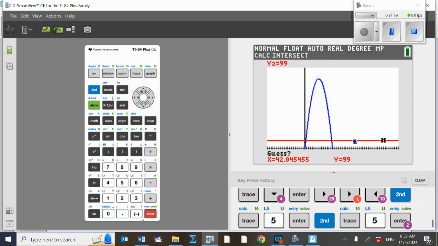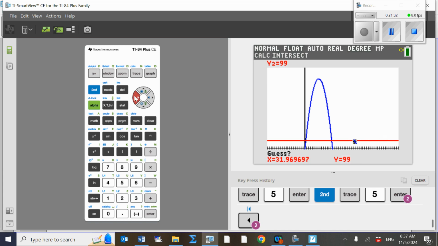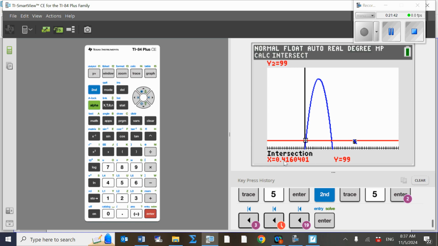So just press enter another time and it's going to go to the right curve. And then it's asking, where's your guess? Where do you think is the intersect between those curves? I'm going to move the cursor to the first intersect point over here and press enter. So 1 is at 0.4.